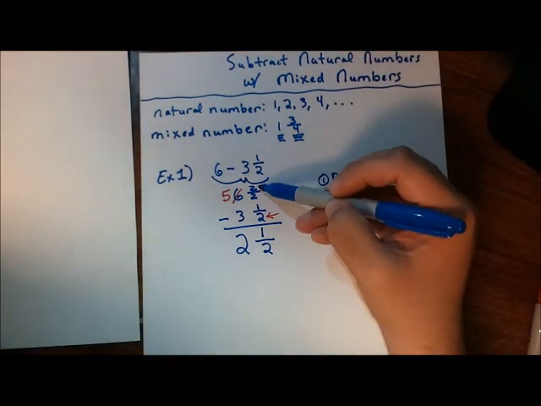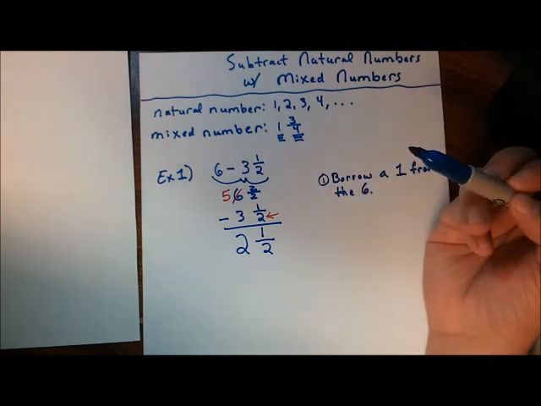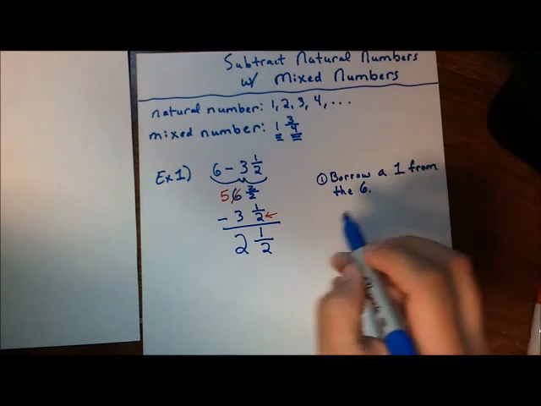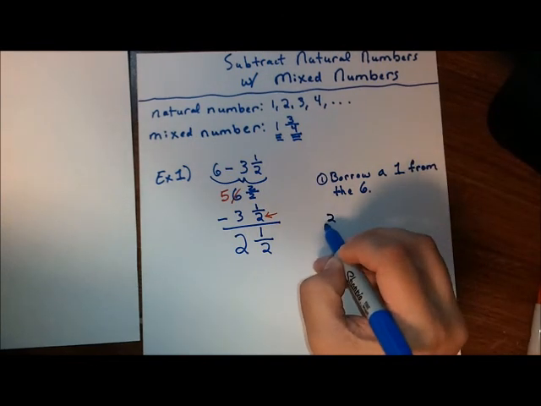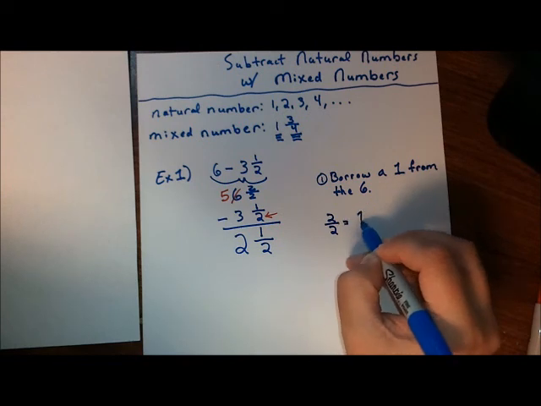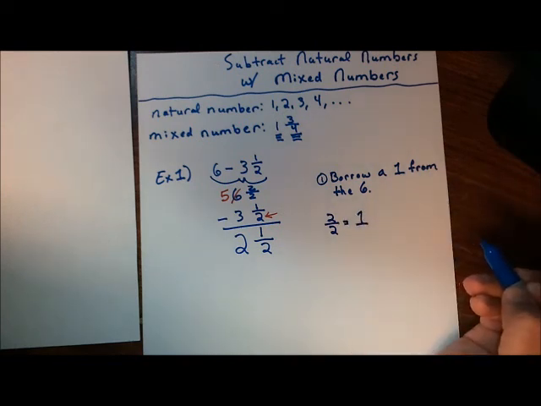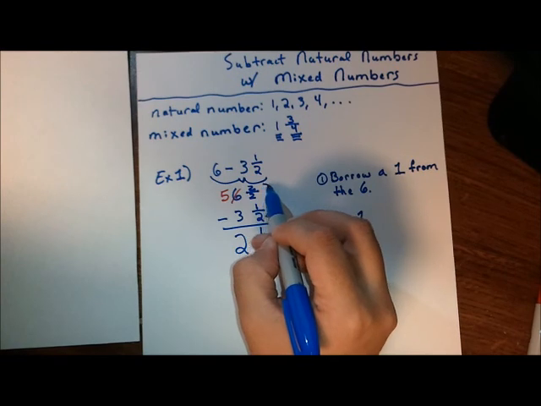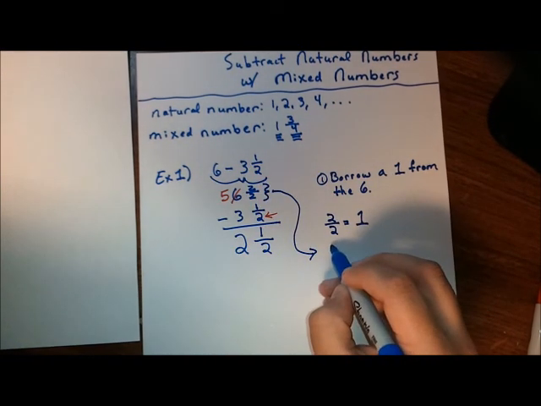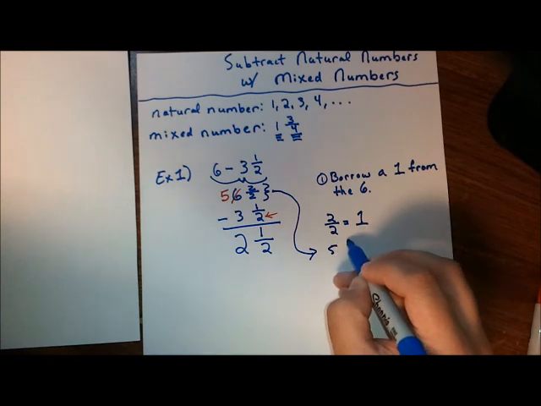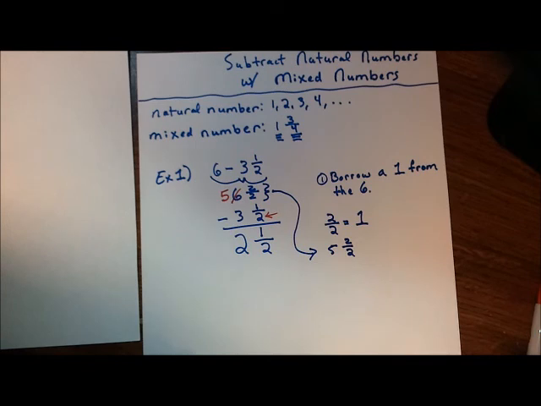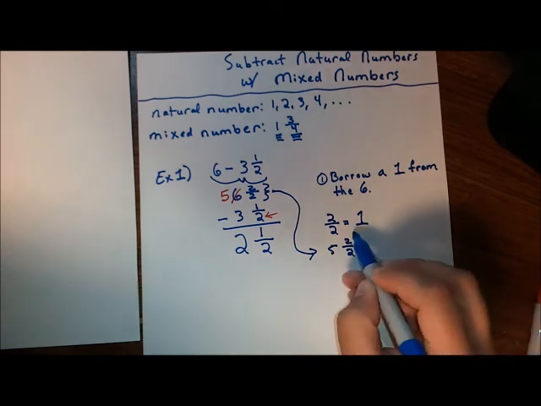Now the reason that we chose 2 over 2, where the denominator and numerator are both 2, is simply because 2 over 2, what does that equal to? 1. So if we have this number here, 5 2/2, if we look at that, this is actually saying what?